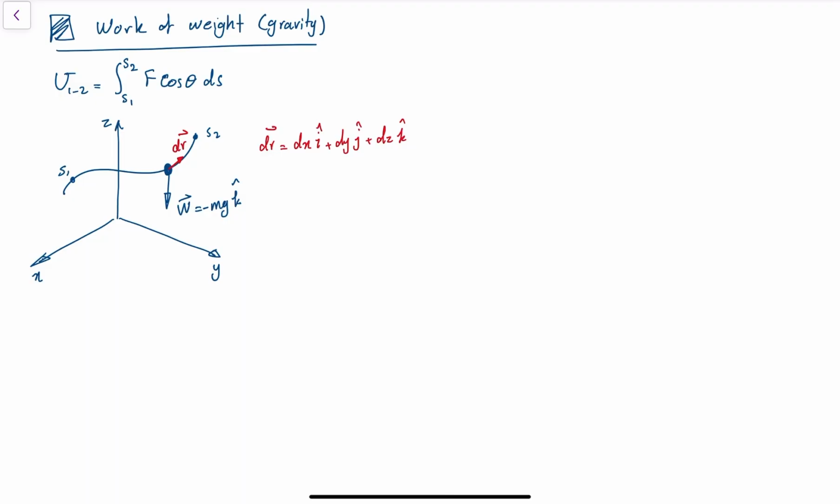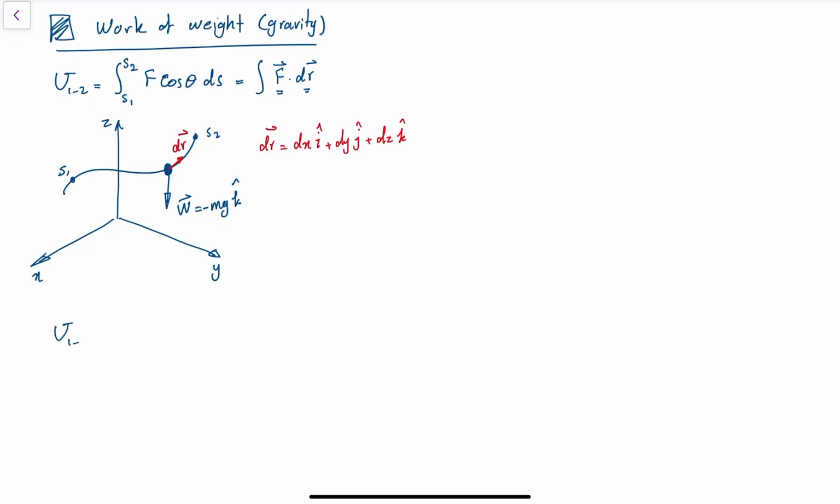Actually, for this particular problem, I should have written it this way: it is F dot dr. This is better. And now I have both of these expressed in rectangular coordinates.